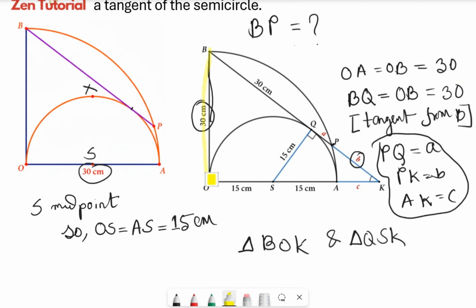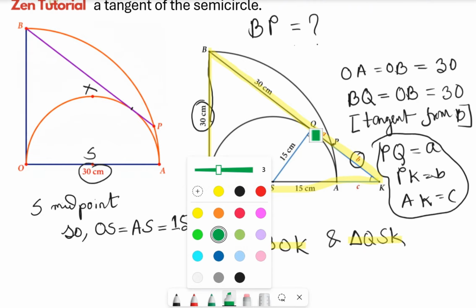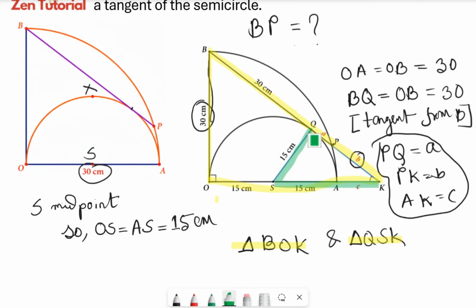So this is BOK, and this one is QSK. Let's change the color. Okay, so these two triangles are actually similar triangles, right?